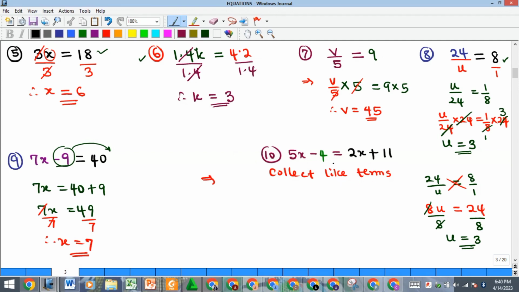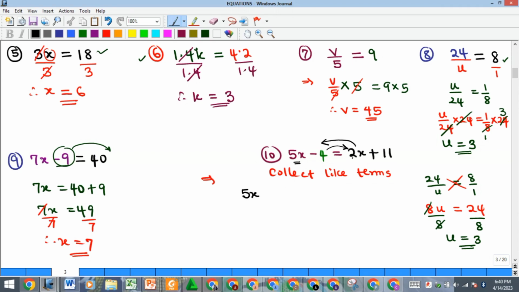So, and how is that going to happen? Our 2x will come over here, and then 4 alone will go over to this side. And in doing that, ensure that you write the one that is on this side first. So 5x is already here, so I will write it first, and then 2x is coming.